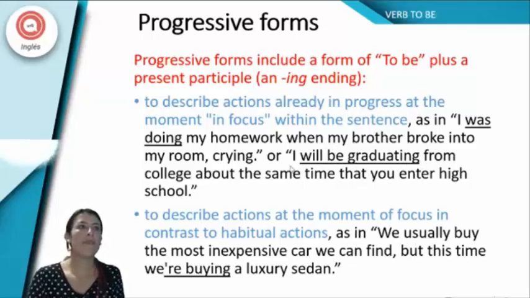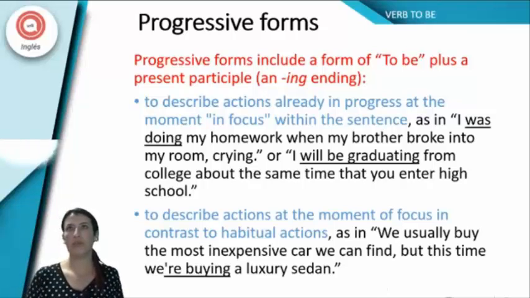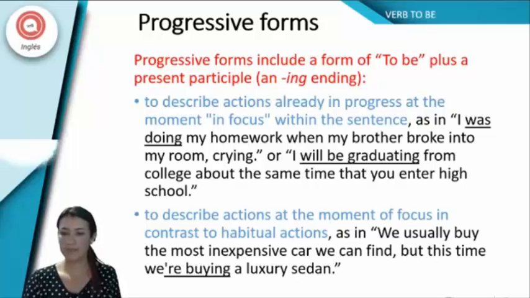¿Listo? Then we have the second progressive form that is to describe actions at the moment of focus in contrast to habitual actions. Entonces, para describir acciones en el momento del que estamos hablando, en contraste con cosas que pasan comúnmente. ¿Listo? As in, we usually buy the most inexpensive car we can find.